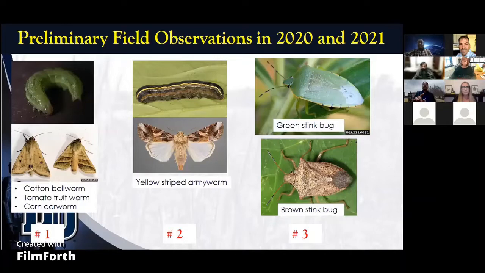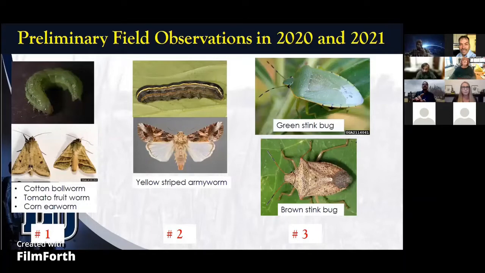And then the stink bugs, mainly the native ones, the green stink bugs and brown stink bugs. So we want to understand all of these insects, how they behave in the field, and how we can manage them. So far, these are the main insects. Number one is the corn earworm, number two is the yellow striped armyworm, and then the others also follow.